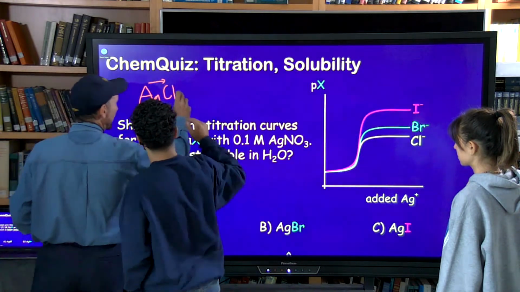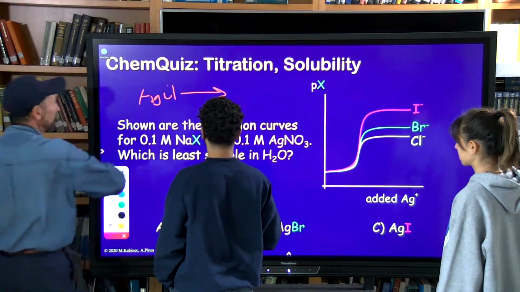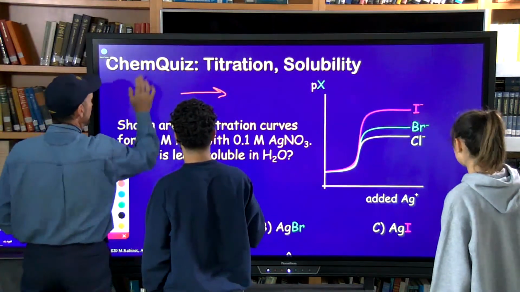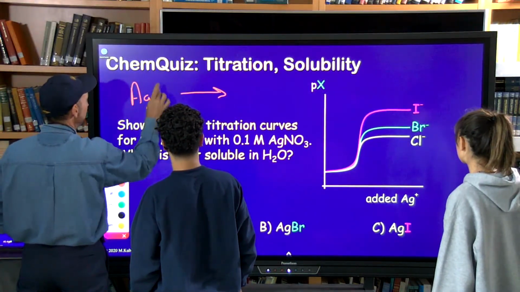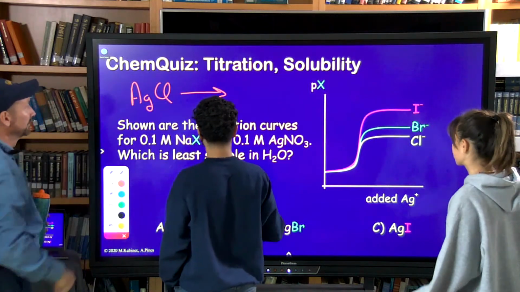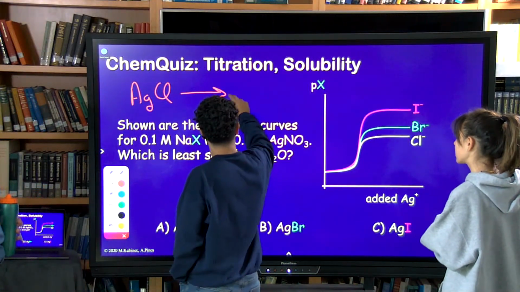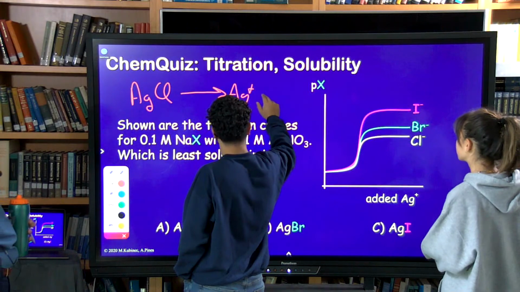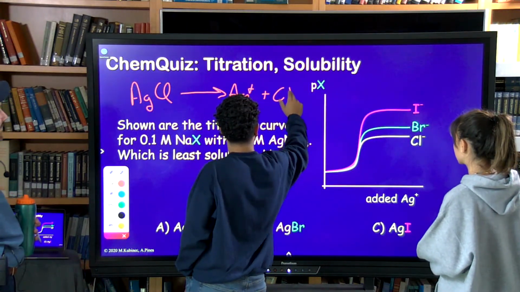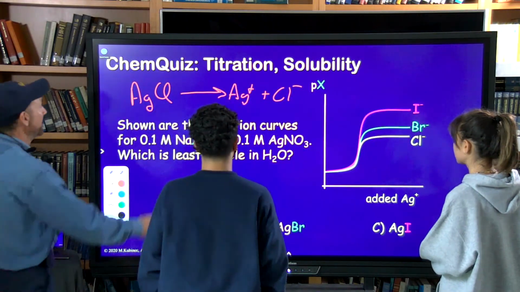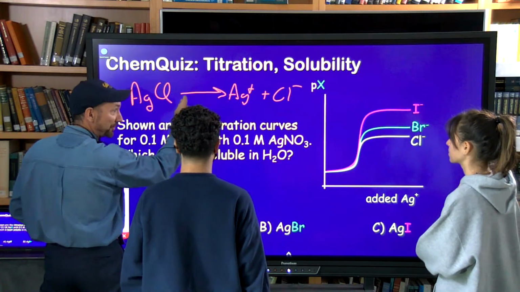We're going to write it like a chemical reaction. AgCl goes to Ag plus and Cl minus. That is the reaction for which we want to know the K.